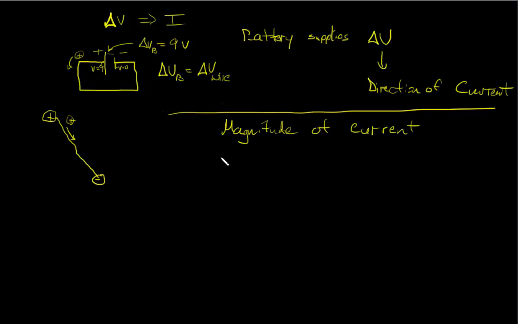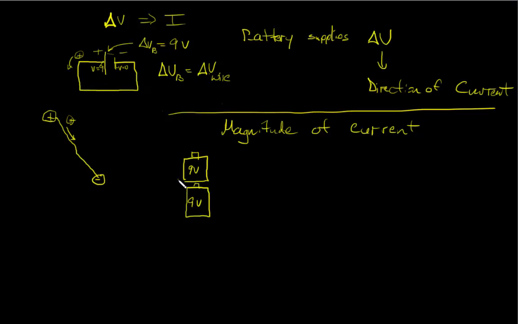Well, there are a couple of things that affect this. One, to test it, let's take a 9-volt battery and stack another one on top of it. This is called in series. So now I have two 9-volt batteries.